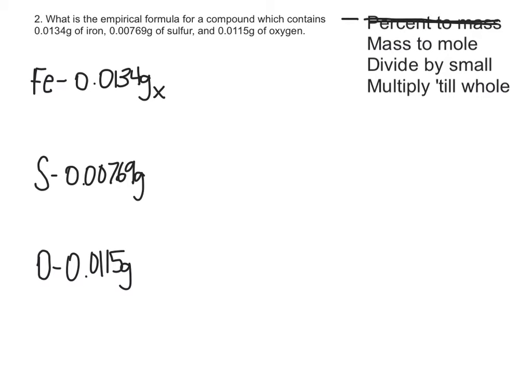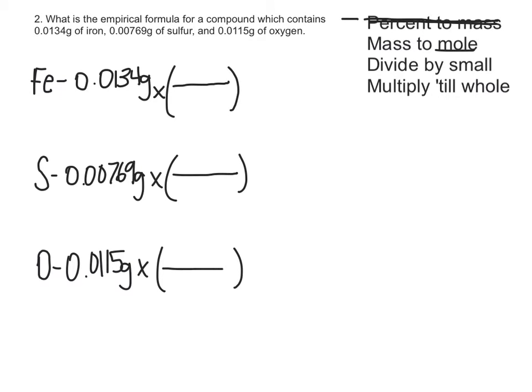So I'm just going to do my conversion again from mass to mole. So I'm going to write my conversion factor for each one. And remember, since I want to cancel grams and get moles, I'm going to put my grams on the bottom and I'm going to put my mole on top. So I look on the periodic table. The atomic mass of iron is 55.845, and that's grams in 1 mole.